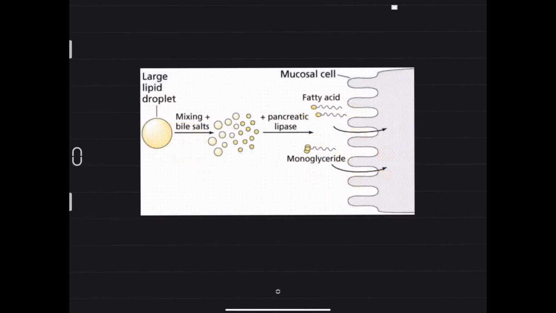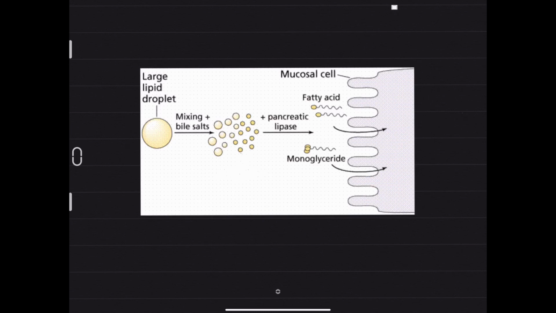So you can see here how large lipid droplets or globular lipids are emulsified into smaller droplets. And there's more information here than you need, but you do need to appreciate that fat droplets or large lipid droplets are emulsified into smaller droplets via the action of bile.